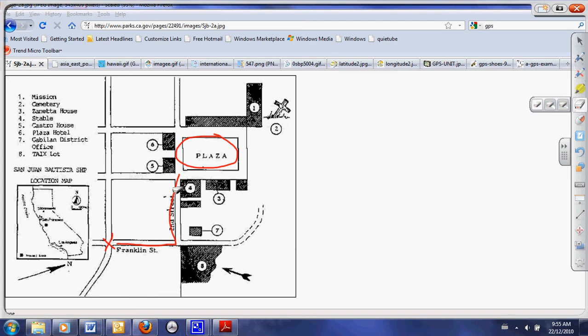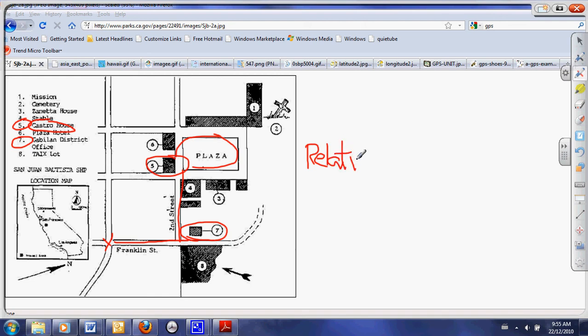I could say turn to your right, walk 1 block until you see the district office, which is indicated by the number 7, which is in our legend here. Then turn left and head up 1 block. You'll see the plaza on your right, and on the left-hand side, you'll see the Castro House. Okay, so those are 3 different ways that we can describe what relative location is.